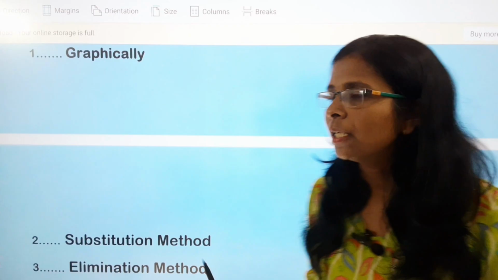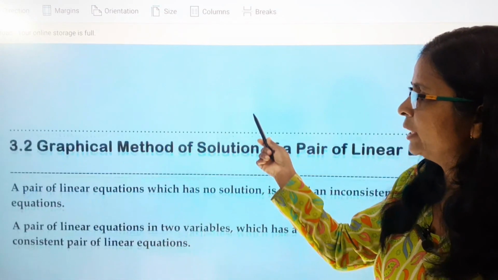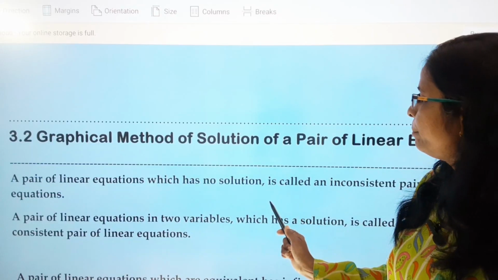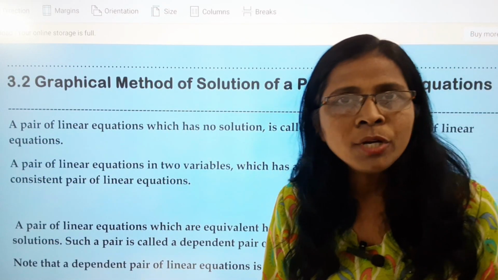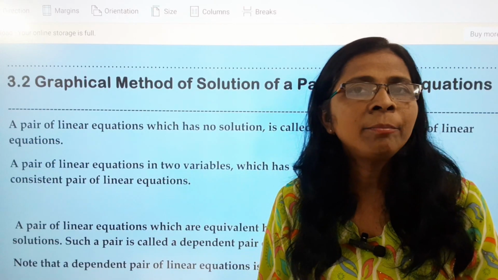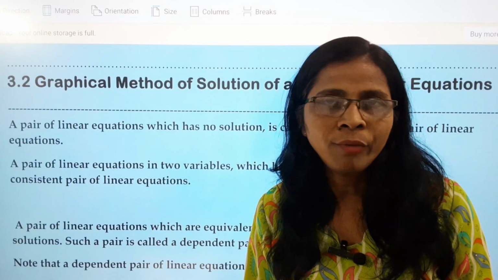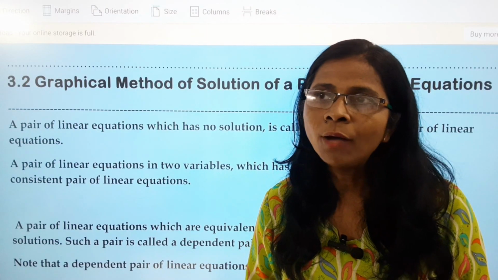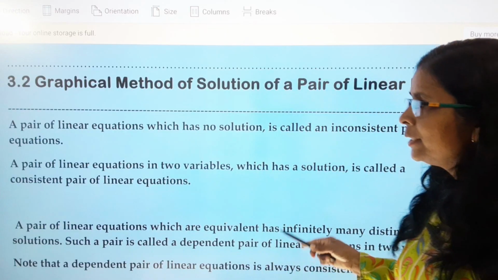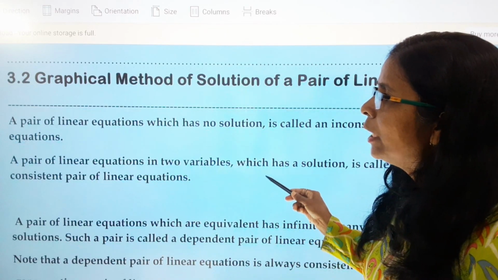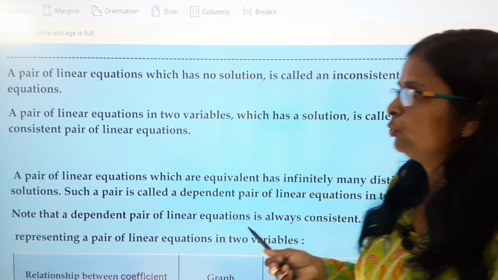So let us see the first method, that is the graphical method of solution of a pair of linear equations. Graphically, we have to solve a pair of linear equations in two variables. So how is it solved? Let us see, first, a pair of linear equations which has no solution.